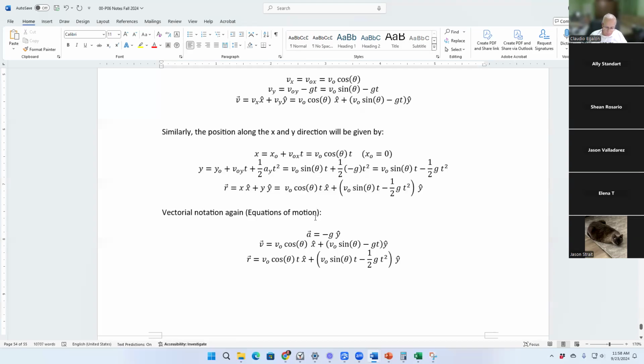Parametric equations in terms of t. Equations of motion, parametric equations in t. That's what the equations of motion is all about. It's a parametric equation in terms of t.